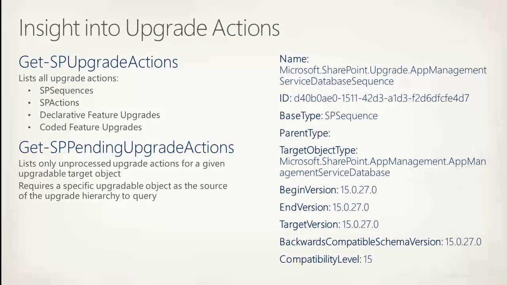As long as that object is an upgradable object, for those developers out there who understand that, it will give you the list of all of the upgrade actions that are pending for it. It's the same type of information as the previous command, but it's targeted to only a specific object that you pass in.